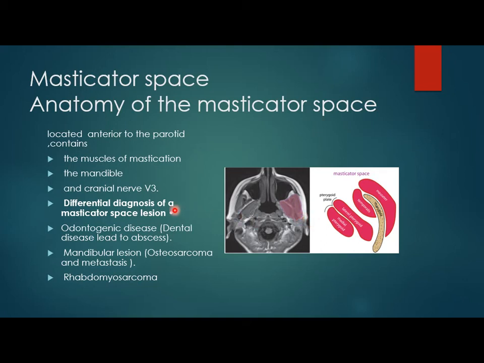It also contains the mandibular branch of the trigeminal nerve. Differential diagnosis of masticator space lesions is either odontogenic, for example dental disease that may lead to abscess in this area, or mandibular lesions like osteosarcoma and metastasis, or from the muscle like rhabdomyosarcoma.